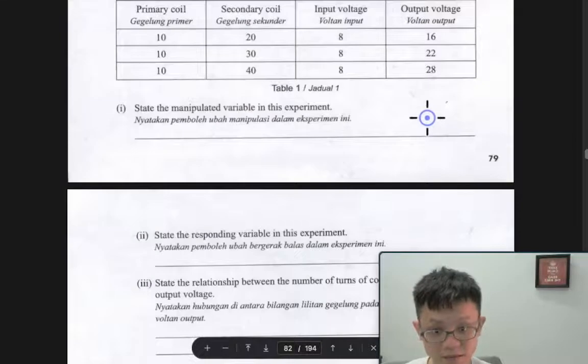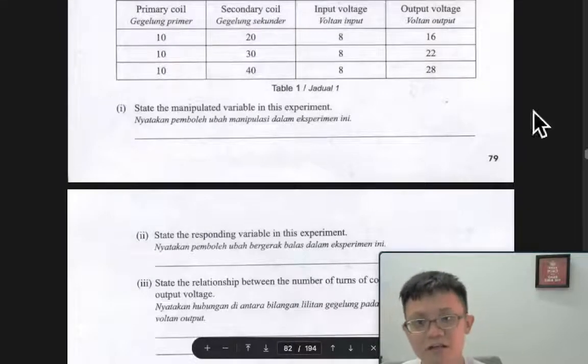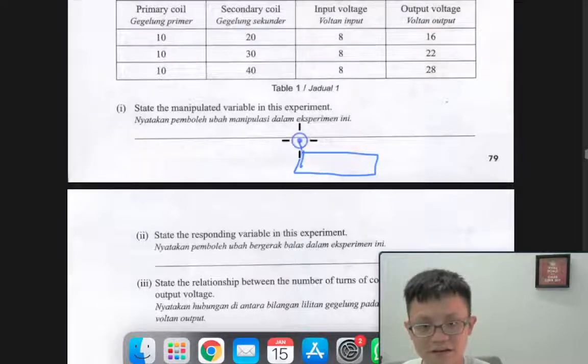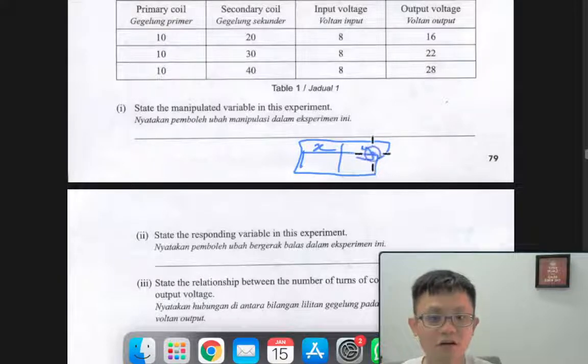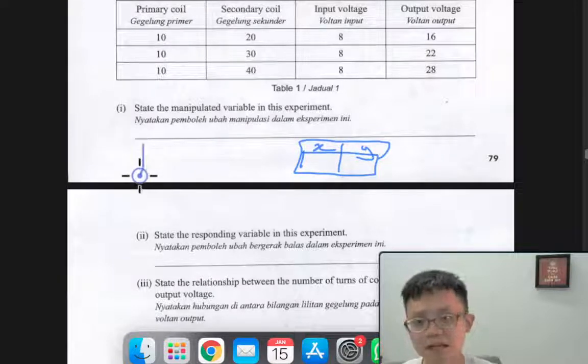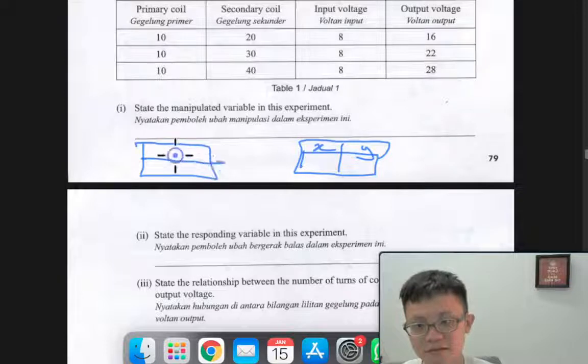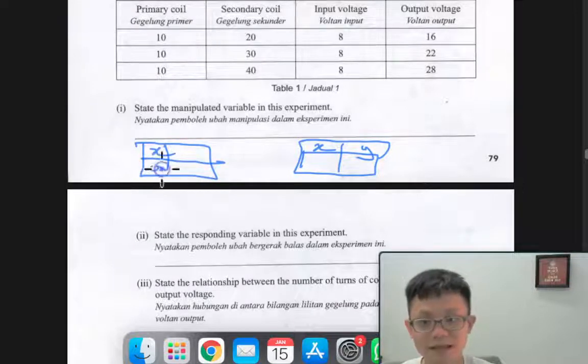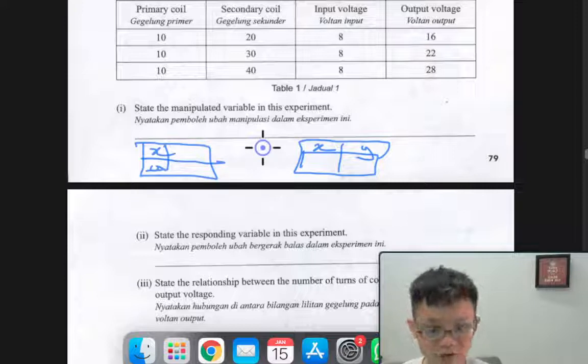In science, it's always the common convention. If the table has x and y, x is the manipulated, y is the responding.